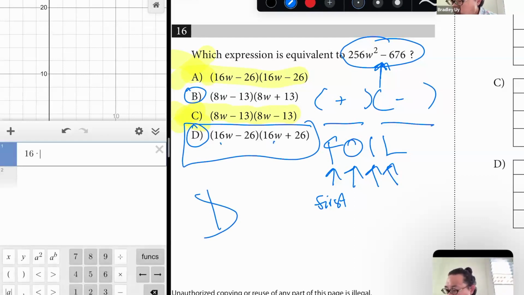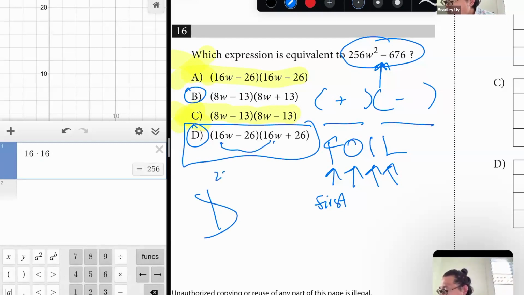Now, if I were to explain that fully, 16 times 16, you can check on your calculator over here. 16 times 16 is 256. So if you did the first, you would get 256w squared. Please notice the outside here, and this is important to see, the outside, which are these, with the sign, that's 26 times 16w. And the inside, which is the next set you need to do, that's negative 26 times 16w.